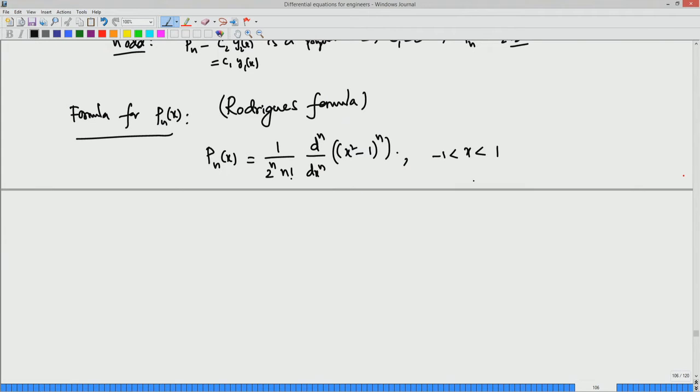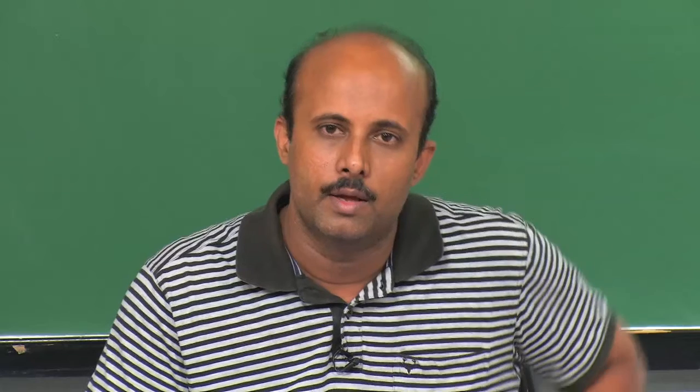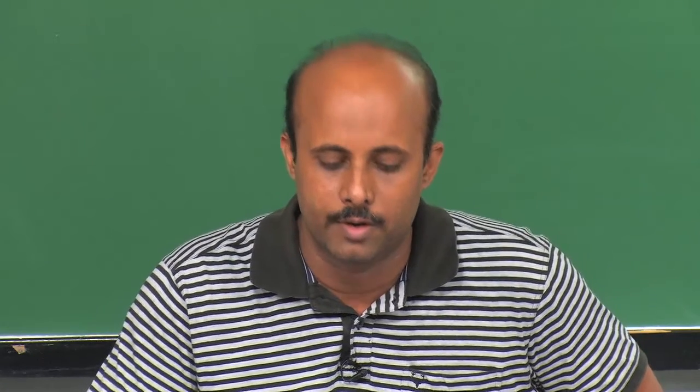Actually, it's a polynomial which is defined everywhere, so as a polynomial it is valid for x belongs to R, but as a solution of the Legendre equation it is a solution only in the range minus 1 to 1. Okay, so we will see how you derive this Rodrigues formula.